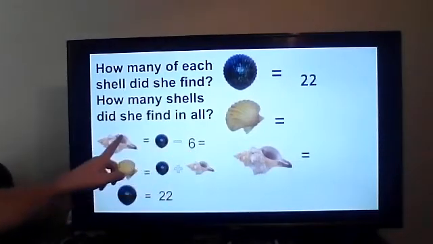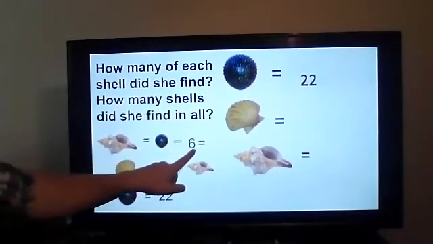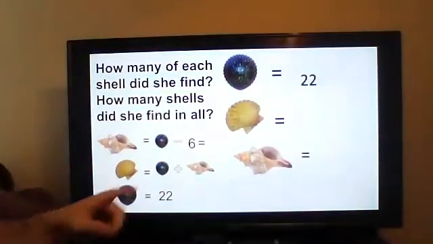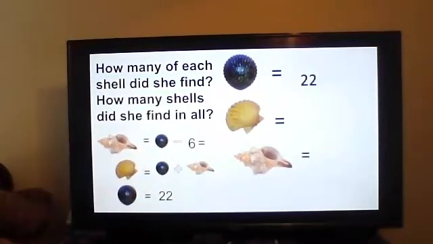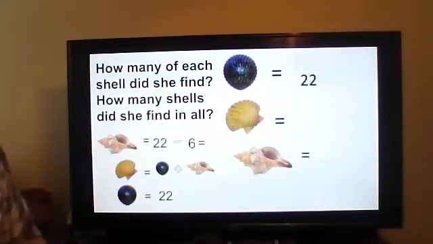So we have conch equals black seashells minus 6 equals what? So we're going to start right there. And I'm actually going to take our black seashell and swap it for the number 22. Right there. So now my problem says 22 minus 6.